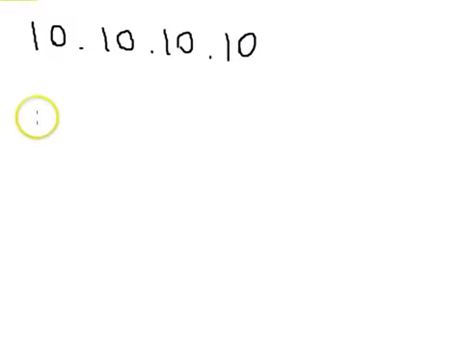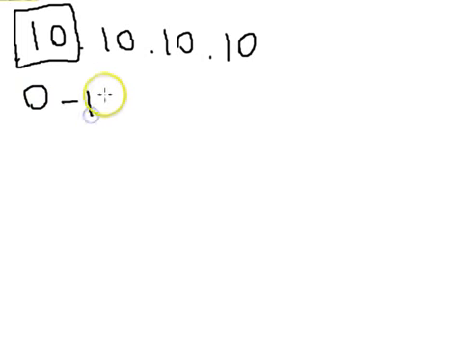So now let's try to figure out how to identify what some particular number is. We'll start with an IP address, 10.10.10.10. We can look at it two different ways. The first number, our first octet, is a 10. What range is that? Well, it is in the 0 through 127 range, so it must be a Class A address.